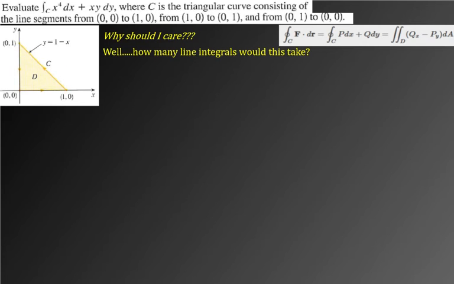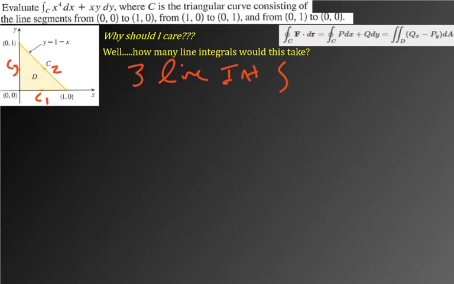And so this is a good example of why Green's is so handy, because if we were going to do it the way we did back when I first showed you line integrals, it would take 3 line integrals. You would literally have to do, let's call this curve 1, curve 2, and then curve 3.